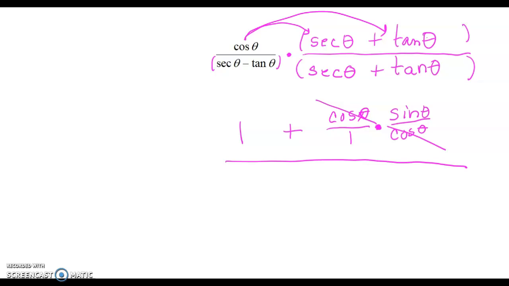We talked about when we multiply conjugates together, you really only need to take the first times the first. So secant times secant is secant squared theta, and the last times the last, a negative tangent times a positive tangent is negative tangent squared theta.